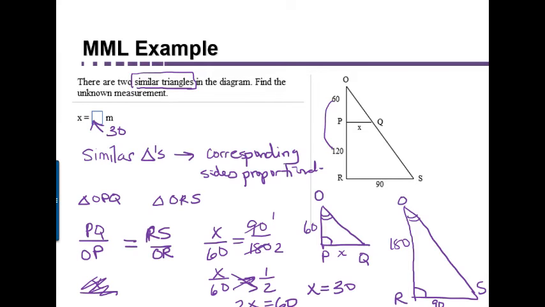Now there are multiple different ways that you could set up the proportion. I used the way that we did the first triangle. Two sides from the first triangle equal to two corresponding sides from the second triangle.